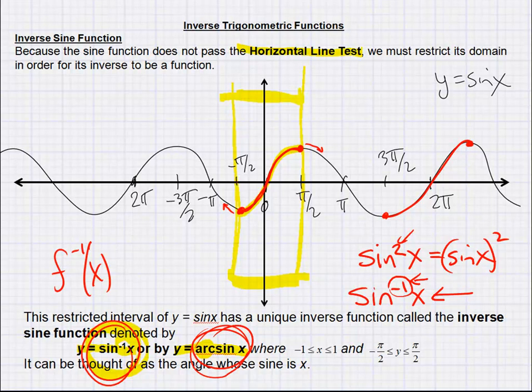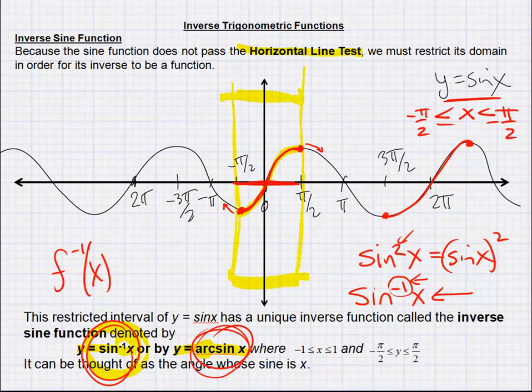All right. So now we got to look at this idea of the domain restriction, and then that also affects the range. What we did is we restricted the domain of the sine function. If we're looking at this sine function here, we restricted the domain, the x values, to be between -π/2 and +π/2. Those are the x values I'm using here.